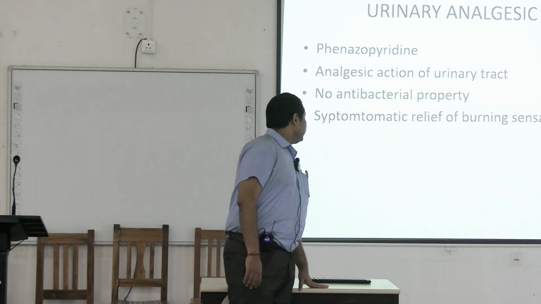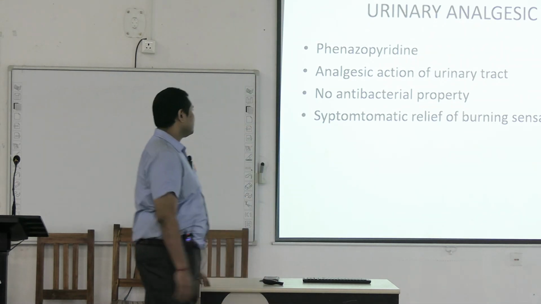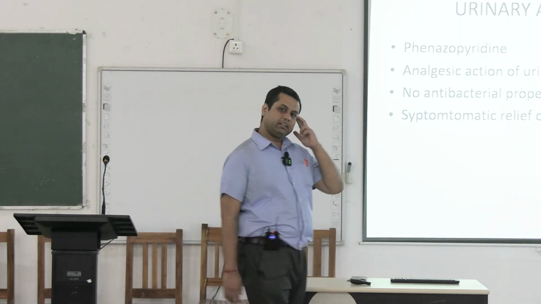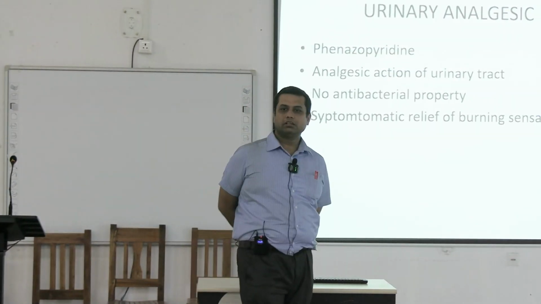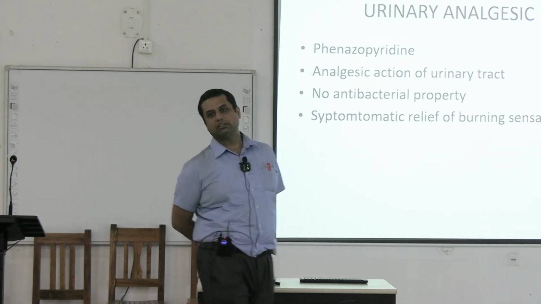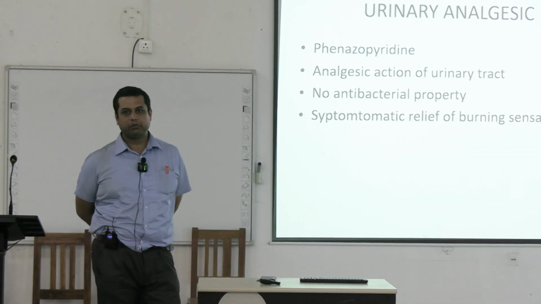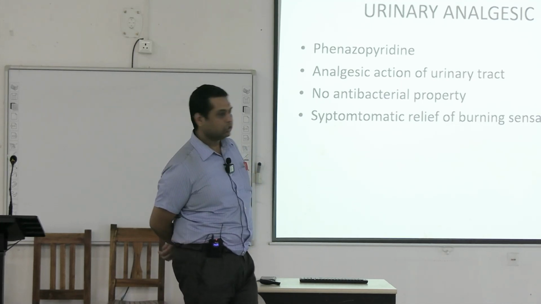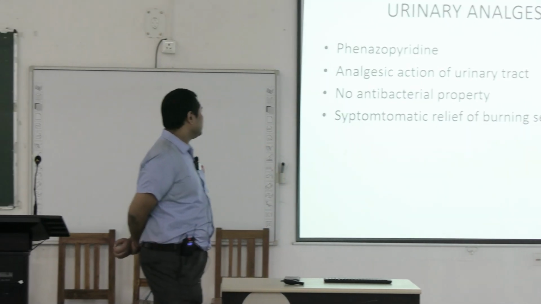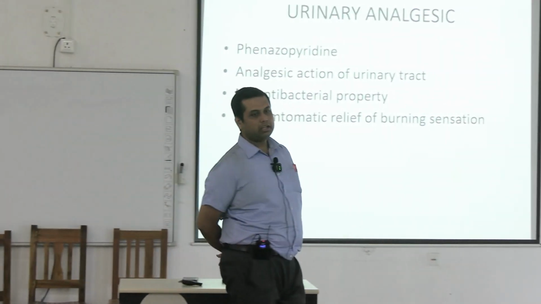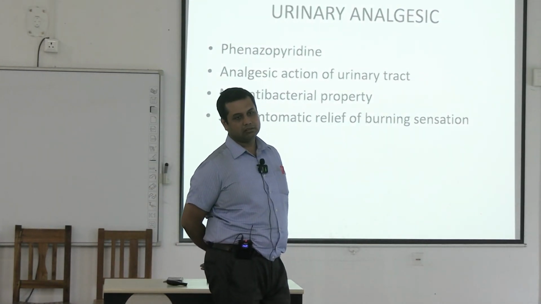Okay, urinary analgesic, phenazopyridine. So, this is a urinary analgesic. What are the signs and symptoms of UTI? Painful micturition. Okay, there may be abdominal pain, there may be fever. So this phenazopyridine only acts on the pain.